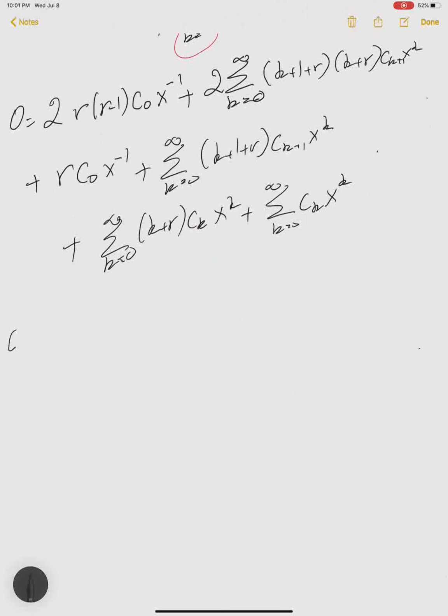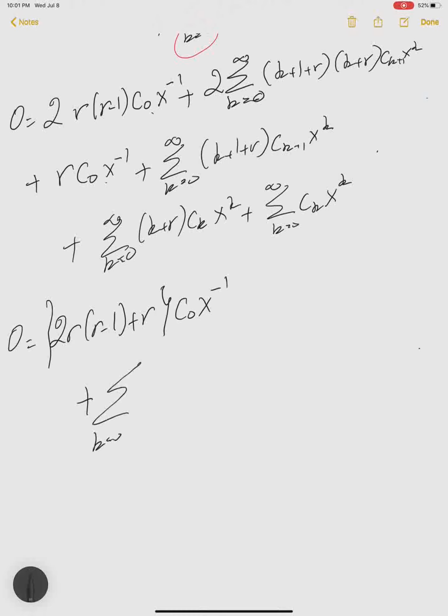And now I group all the terms outside the sum. Let's see here. You have x^(-1), x^(-1). So this will be [2r(r - 1) + r] c_0 x^(-1), plus all the summation from k equals 0 to infinity. Let's see what's multiplied by c_(k+1).